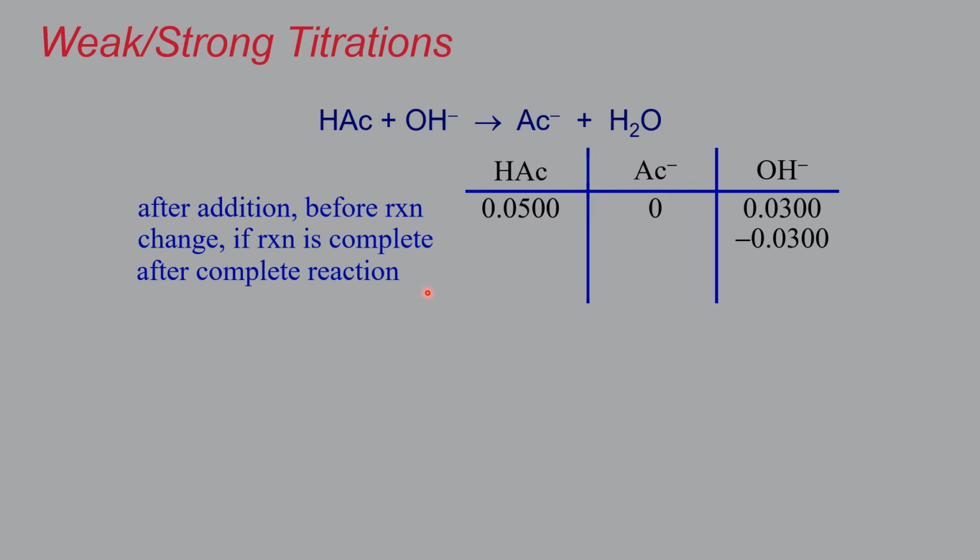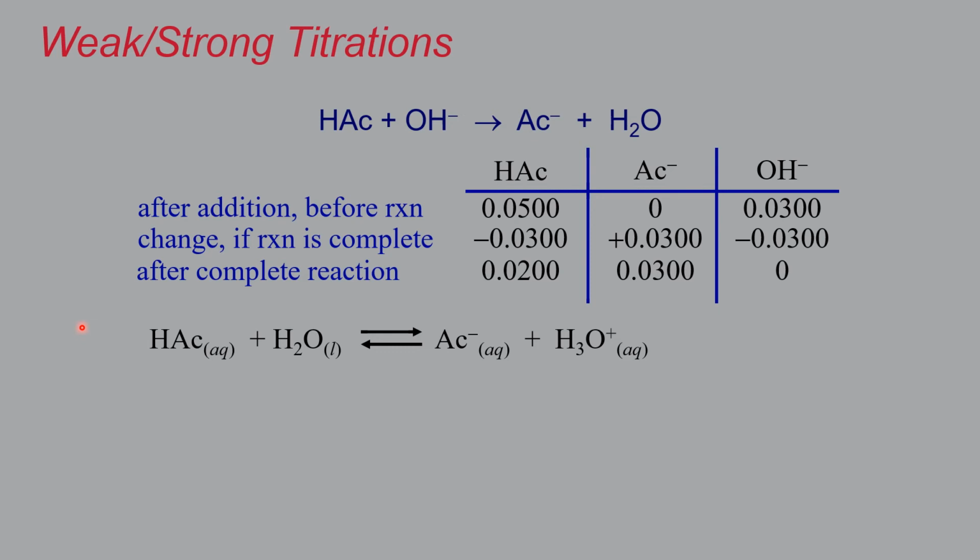We're going to lose the 0.03 moles of hydroxide, ending up with none. We're also going to lose 0.03 moles of the acetic acid, which will give us 0.02 moles at the end. The acetate we had none of, and we add 0.03 moles, which means we now have 0.03 moles. This is the amount of acetic acid, acetate, and hydroxide present after you have added the hydroxide and given them the millisecond they would need to react.